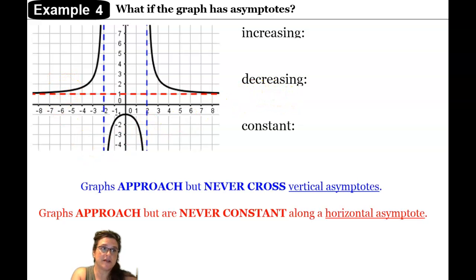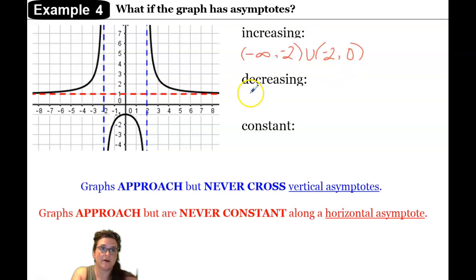So this function, as we read from left to right, is increasing over the interval negative infinity to that vertical asymptote at -2. And then we have a union, and we can see this section of the curve is increasing as well from the other side of that vertical asymptote at -2 until we reach this relative maximum at x equals 0.